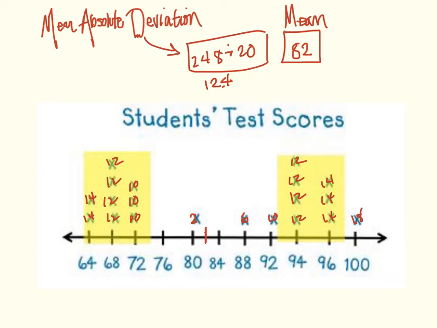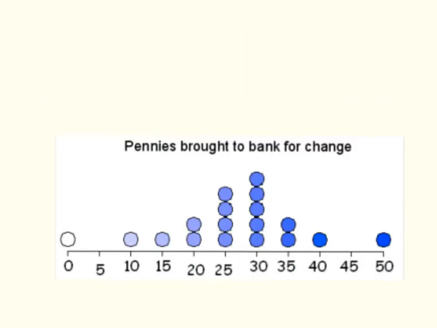So let's look at another one. Okay, here's another example. This time it's pennies at the bank for some strange reason. Anyway, if we count these up, there are 18 kids who went to the bank. And so we know that we're going to have to divide by 18. So I'll go ahead and write that in because we know that's going to have to happen.